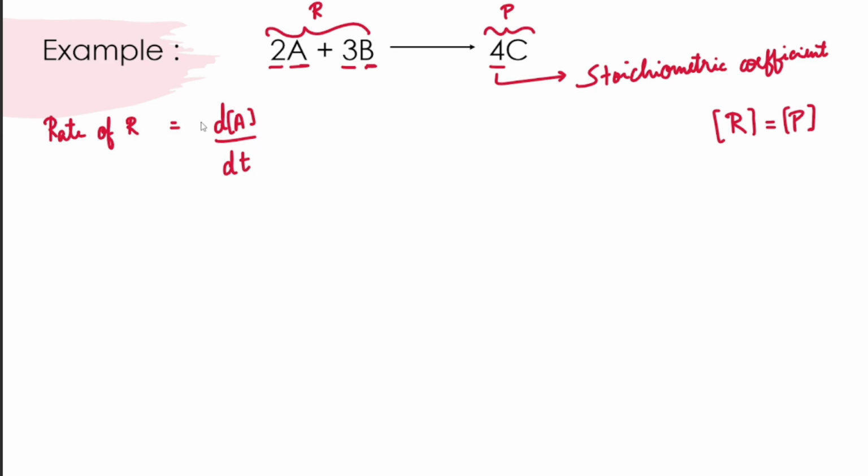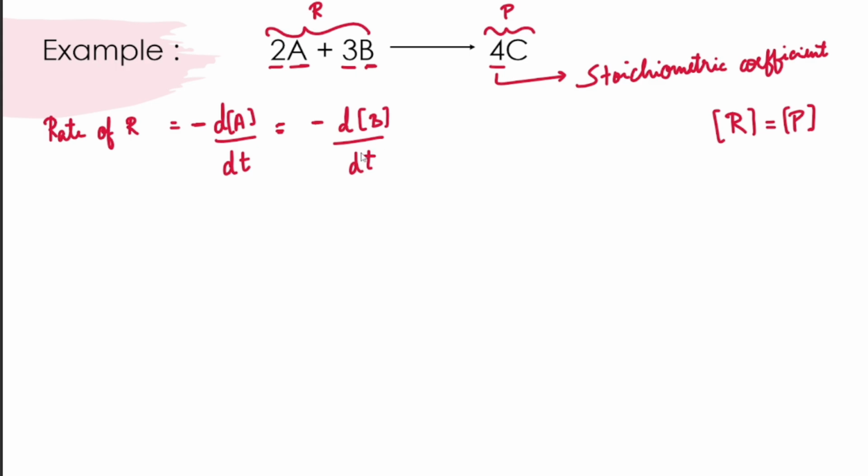It will have a negative sign, remember, because the reactant will always decrease in concentration while the product will increase. We have to equate this with minus d of B by dt.